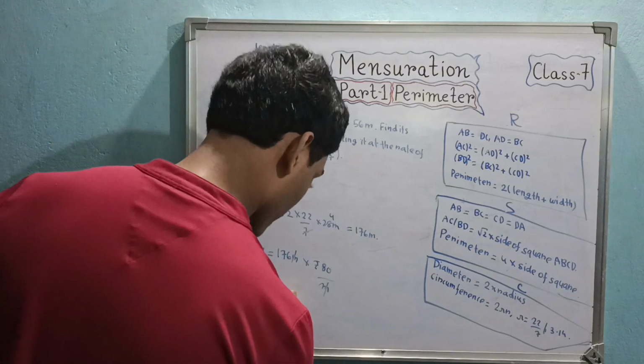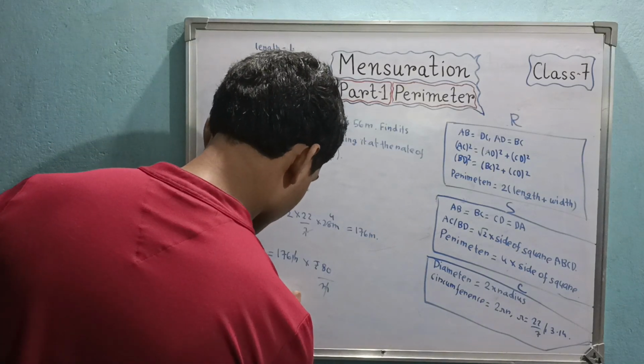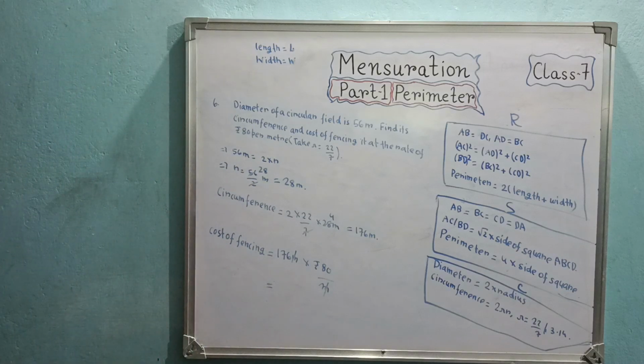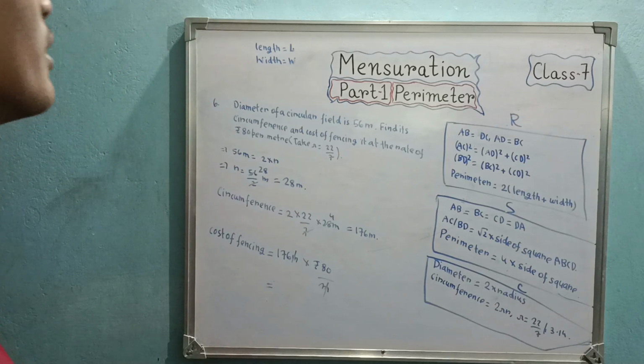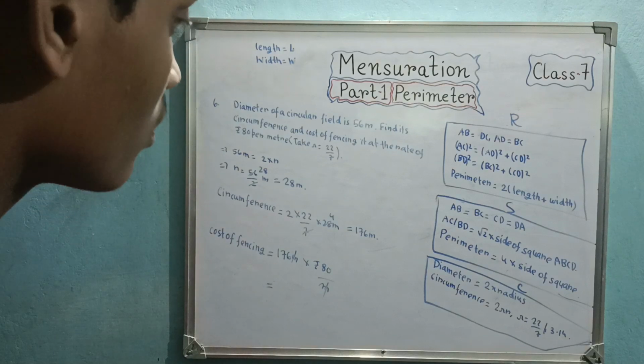Now let's do a little multiplication. 176 into 80. It is nothing else but, you just calculate, 1408 I think, but let me just verify. So 6 into 2 is 12, 2 into 7 is 14.